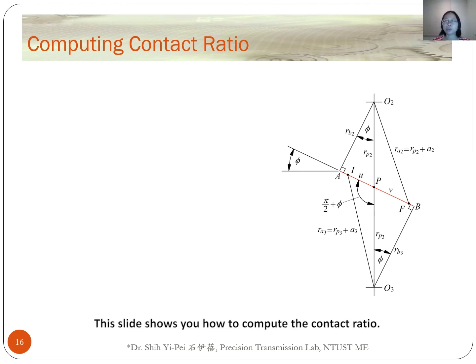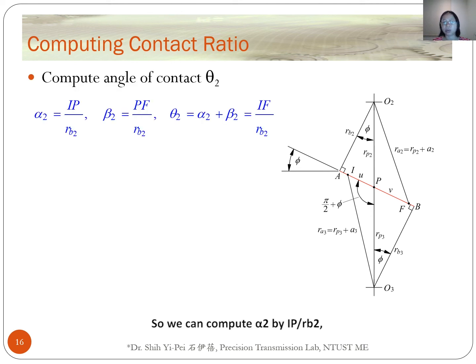This slide shows you how to compute the contact ratio. Because the distance the contact point moves along the path of contact is equal to the curvilinear distance around the base circle, we can compute alpha 2 by IP over RB2, beta 2 by PF over RB2, and then theta 2 by IF over RB2.